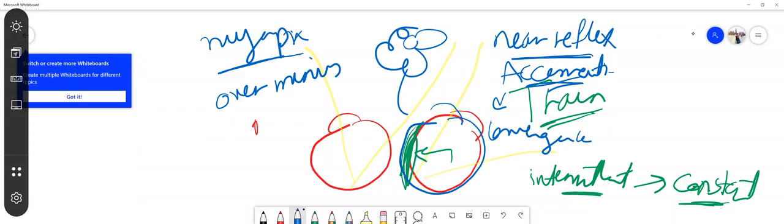So these patients will try to accommodate to overcome this over minus, and consequently this over accommodation will stimulate convergence, leading to control of this intermittent exotropia, so the diplopia will improve, and eventually this patient may not need surgery, and the condition will improve with time.